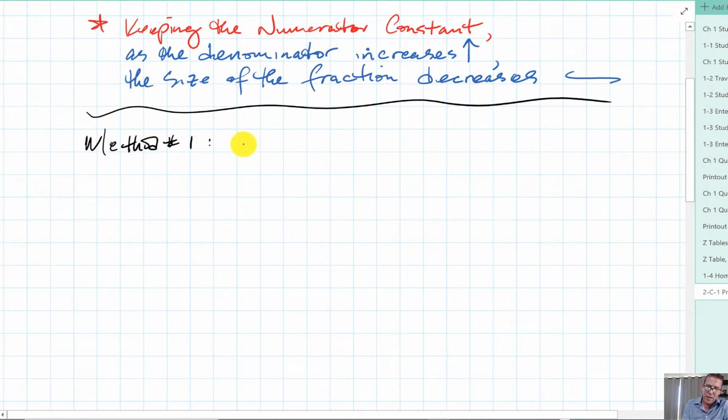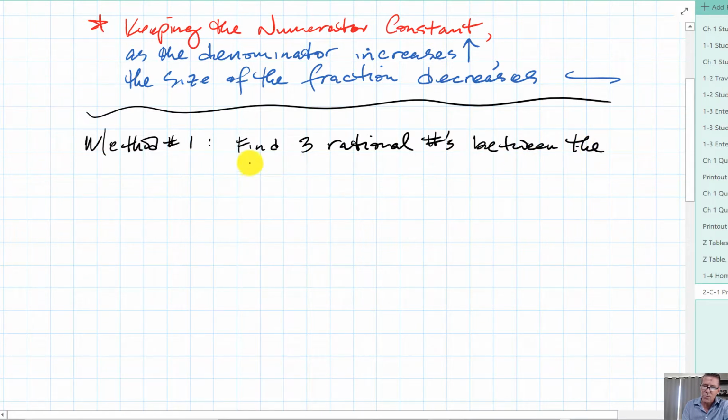So find 3 rational numbers, basically, fractional numbers, between the two given fractions. Rational numbers. Whatever.